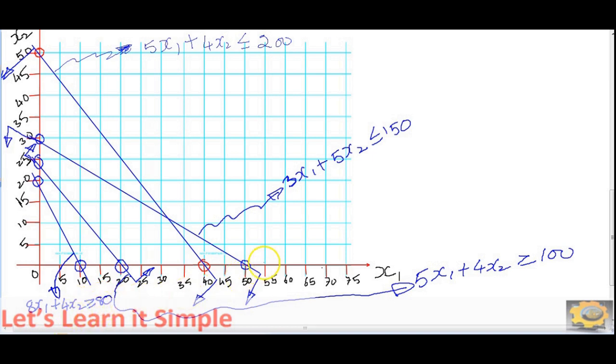One more greater than or equal to symbol, which means I need to look for the solution away from the origin from this line. Okay. So I'll repeat, since it is greater than or equal to symbol like this one, along the line I need to look for the solution away from the origin. Now the solution space will be like this.